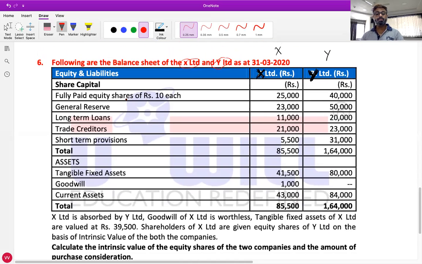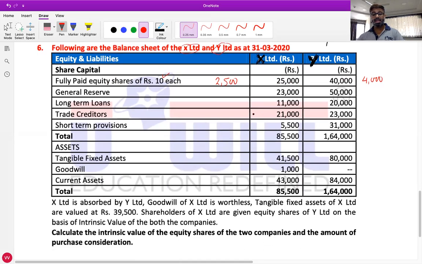Equity and liabilities, share capital, fully paid up equity shares of rupees 10 each, 25,000, 40,000. Now 25,000 means how many shares would be there in case of X Limited? 2,500. And in case of Y Limited? 4,000. Yes, 25,000 divided by 10 is 2,500, 40,000 divided by 10 is 4,000.